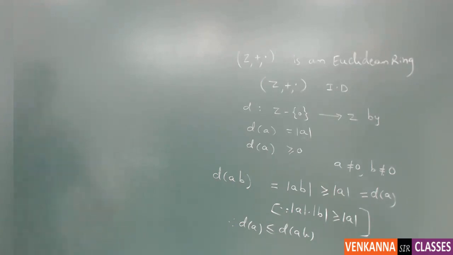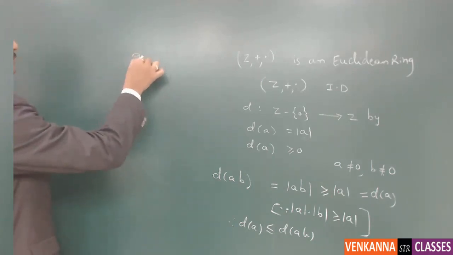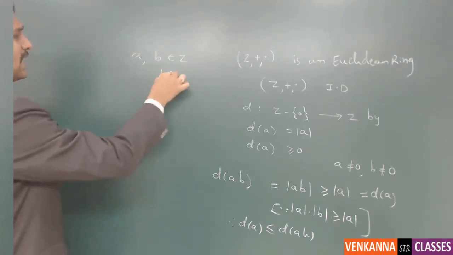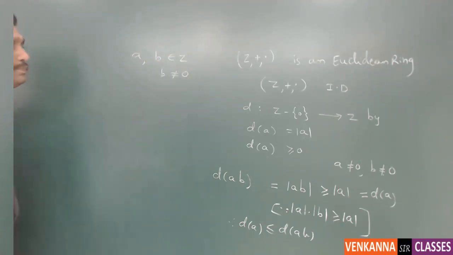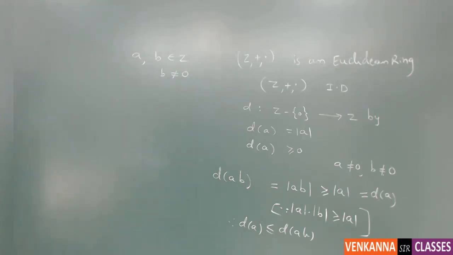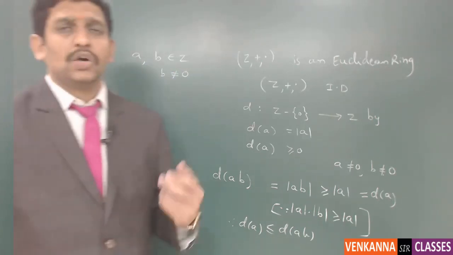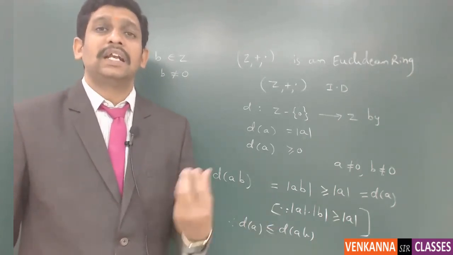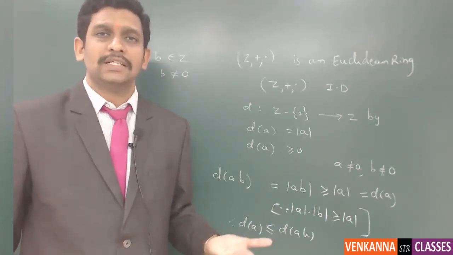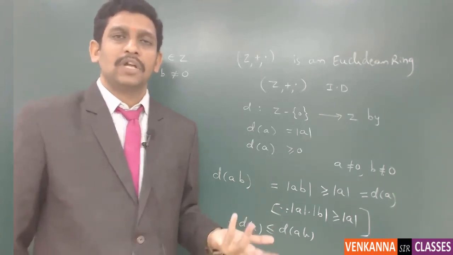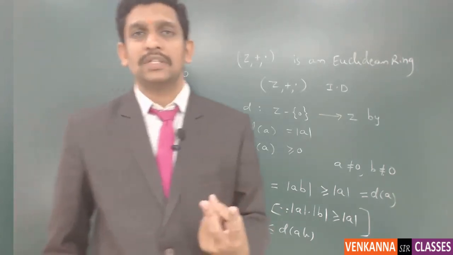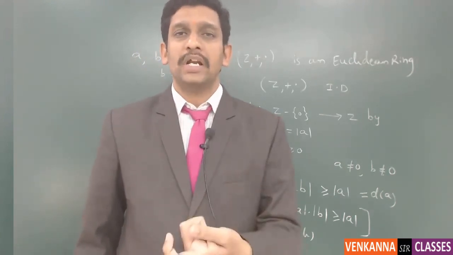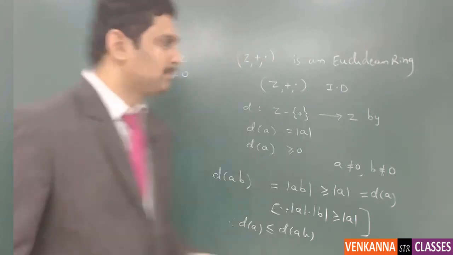Coming to the second condition, you take two elements and the second one is a non-zero value. So whenever we take two integers, by default the division algorithm holds. In integers, you have the division algorithm. Whenever you have taken two numbers, you can write one number as divisor into quotient plus remainder. It is common.